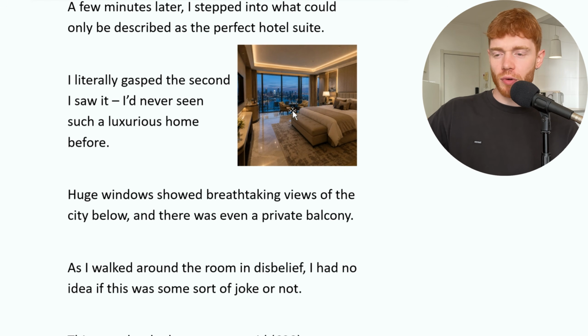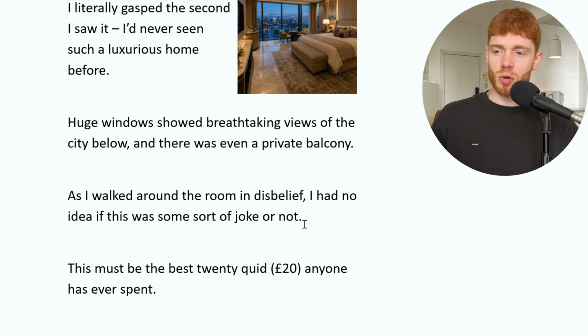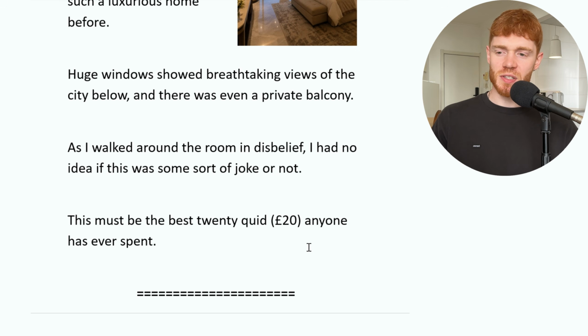Huge windows showed breathtaking views of the city below, and there was even a private balcony. As I walked around the room in disbelief, I had no idea if this was some sort of joke or not. This must be the best 20 quid anyone has ever spent.